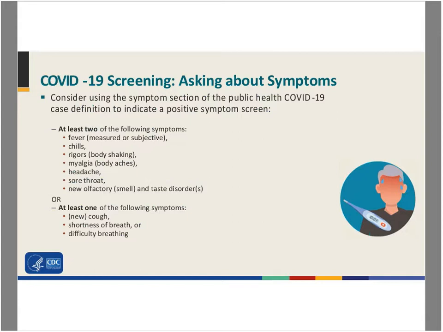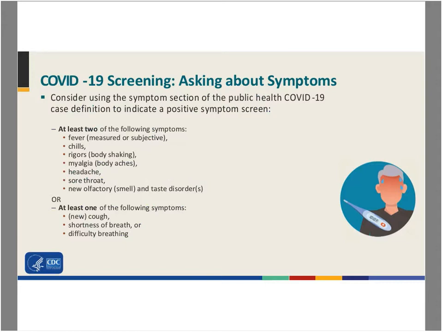So one set of symptoms that I think could be considered is to use the set of symptoms used for the public health COVID-19 case definition to indicate positive screens from a symptom standpoint. If you start at the bottom of the list, any one of these symptoms could be considered a positive screen: a new cough, shortness of breath, or difficulty breathing.